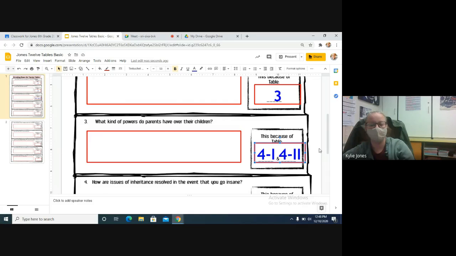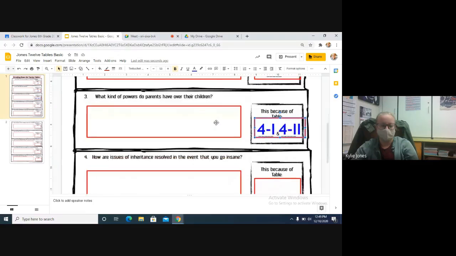I put 4, capital I. Okay, so that's number 3. You're going to use table number 4, and you need to use 1 and 2 to answer the question. I made the box wider to fit it.